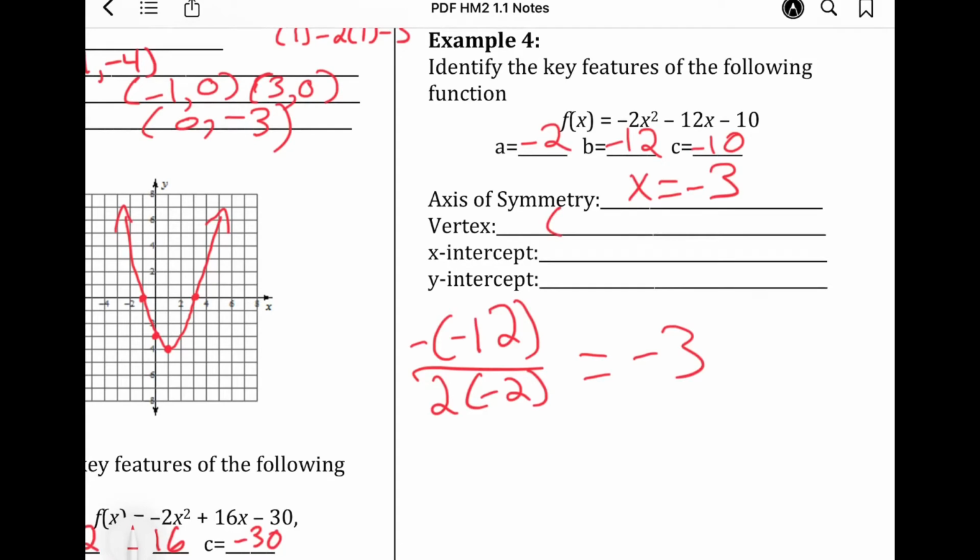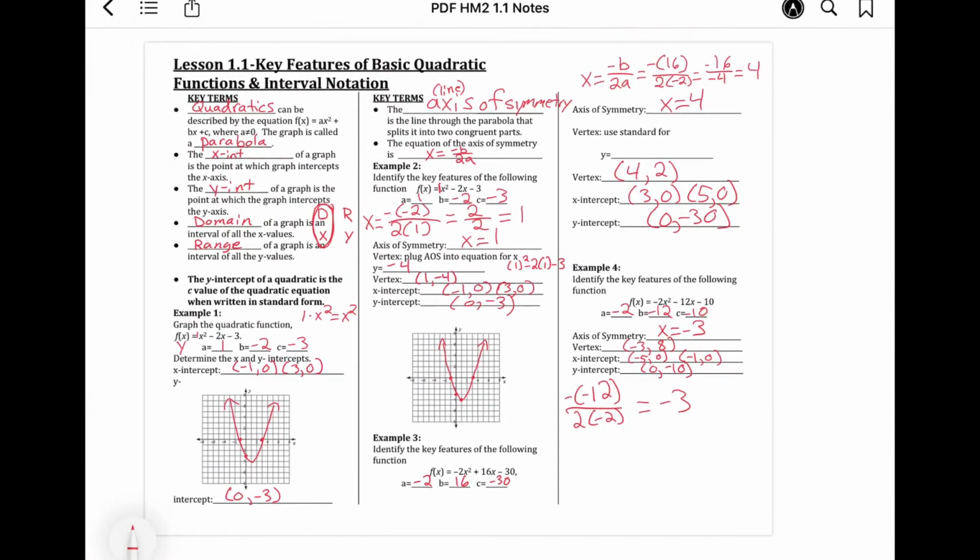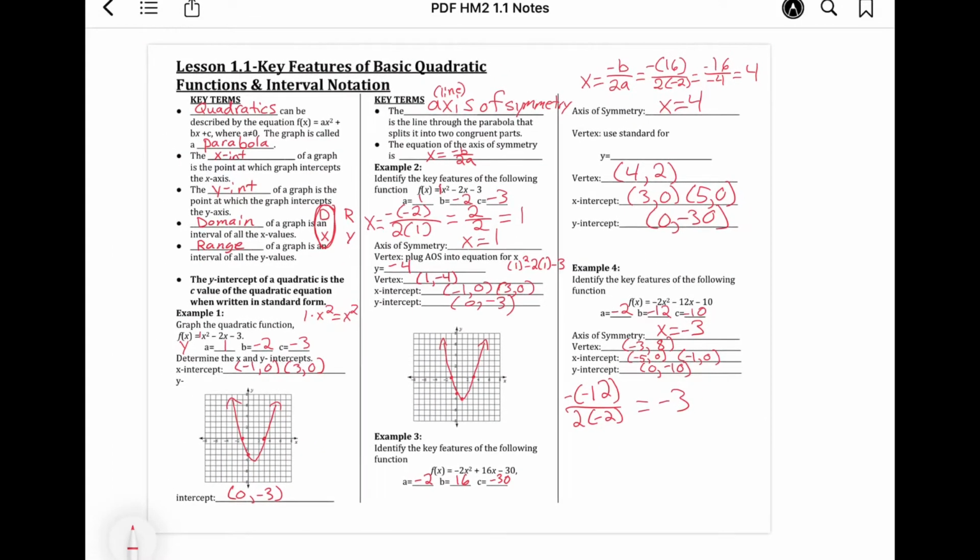For your vertex, either you can substitute that x in and solve for y, or you can use your graph, but you should get -3, 8. Your x-intercepts should be -5, 0 and -1, 0. Your y-intercept should be 0, -10. And there is your example 4.